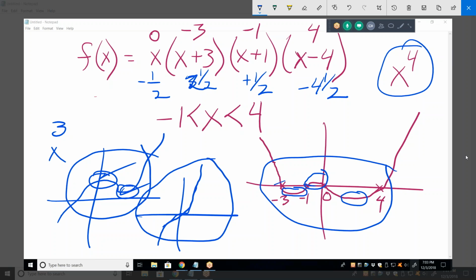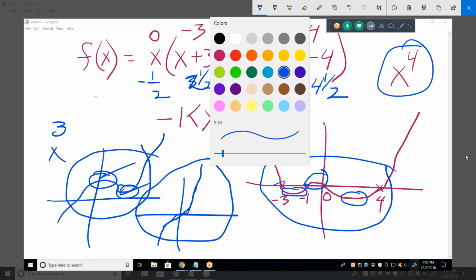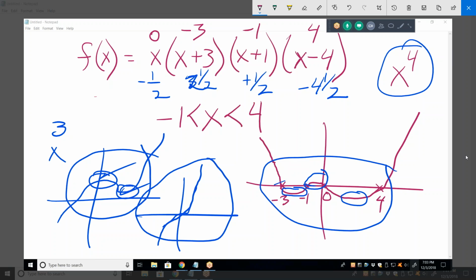It's not an x squared. Okay? By that, I mean, go back and change this and make that x squared. Okay? Now, I still have a 0 for that. But at that 0, because it has a multiplicity that is even.